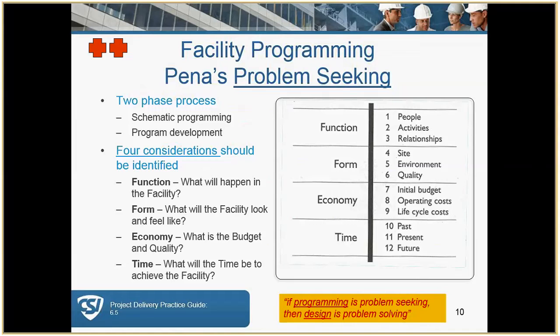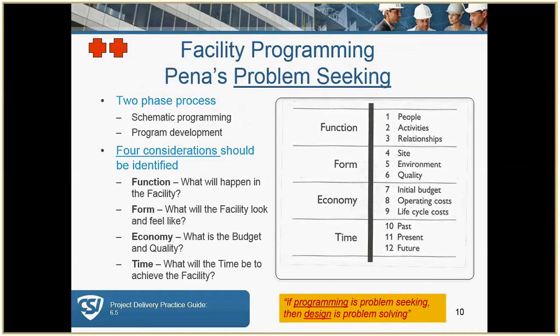And then under each one of those, you will find additional criteria. So according to this problem-seeking book, and again, you're going to be tested on what's in this book, what is considered programming for this exam specifically.